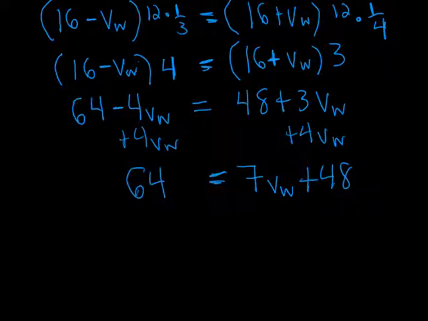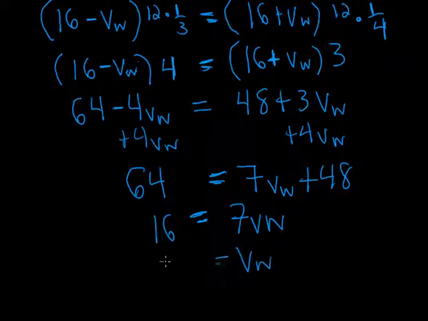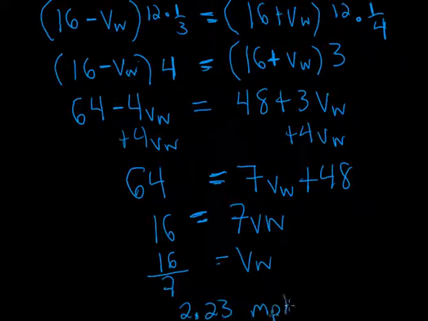So subtract 48 from each side. And the velocity of the water is 16 divided by 7, or approximately 2.23 miles per hour.